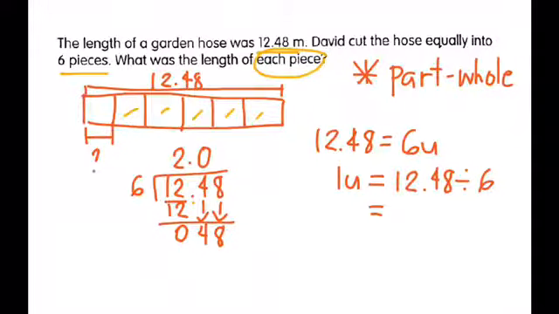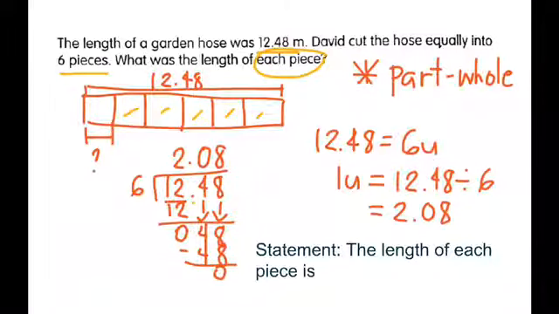We have 8. 8 times 6 is 48, so we're left with 0. So 12.48 divided by 6 would be 2.08. For our statement, we can say that the length of each piece is 2.08 meters.